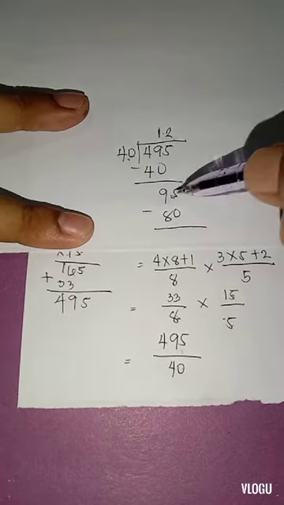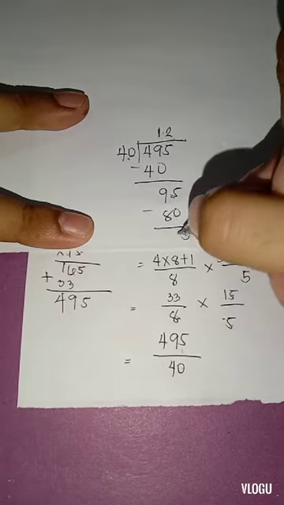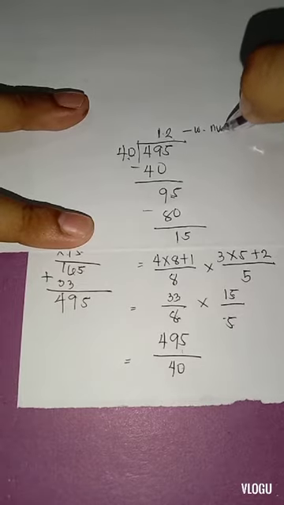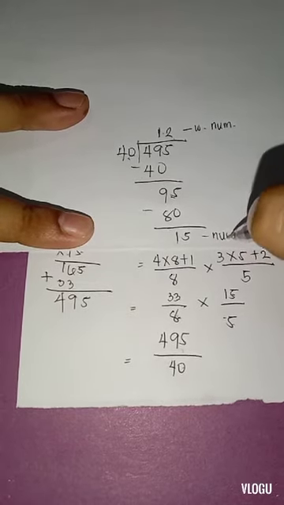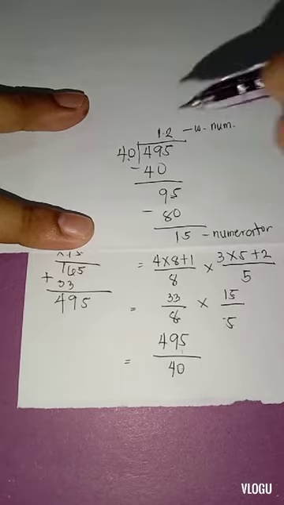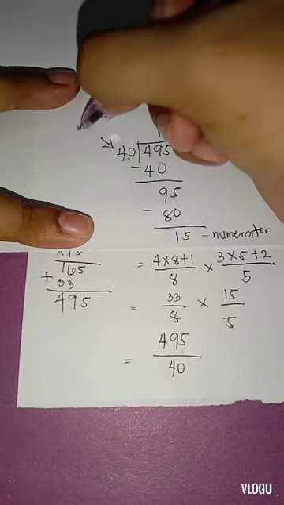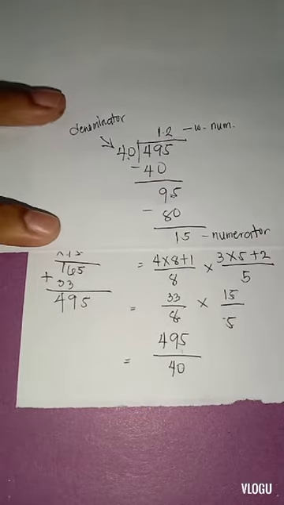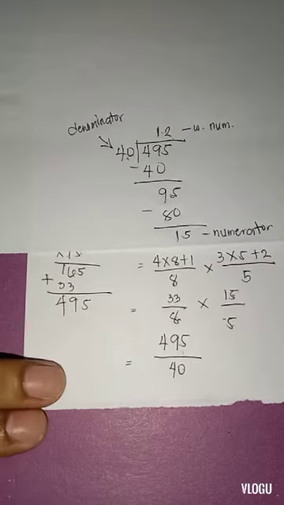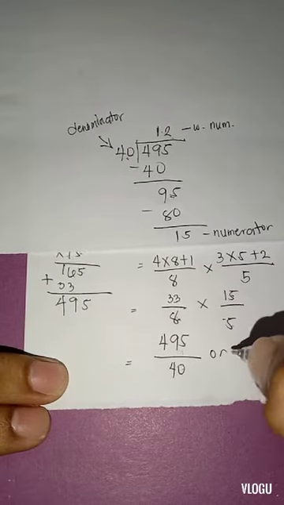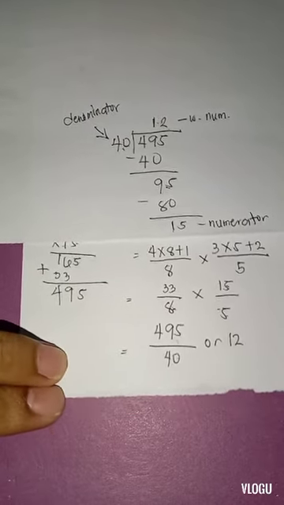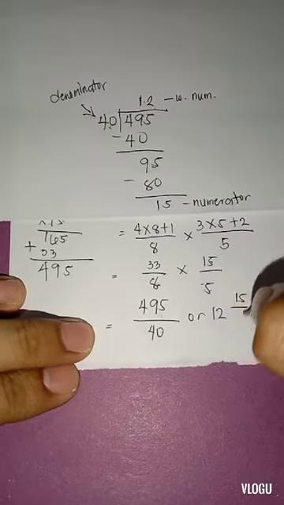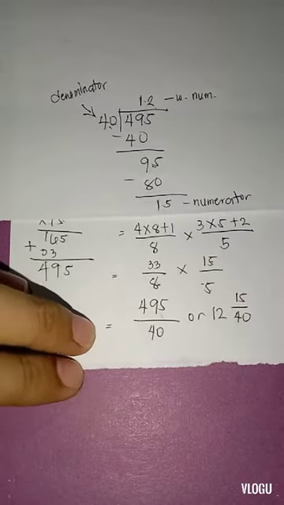So subtract. So bring down 5, and we have here 1. Okay, so this is our whole number. This is our numerator. And then, ito yung ating denominator. Okay. So, kapag sinulat natin ito, meron tayong 12 and 15 over 40. Okay.